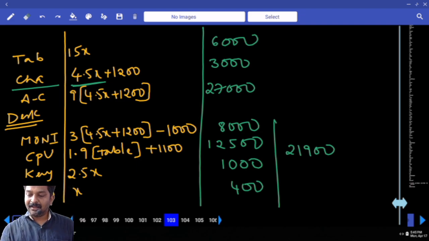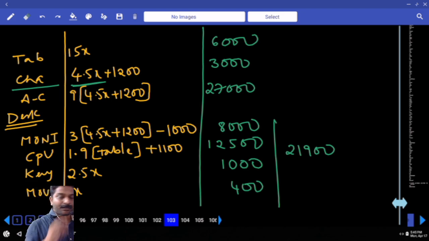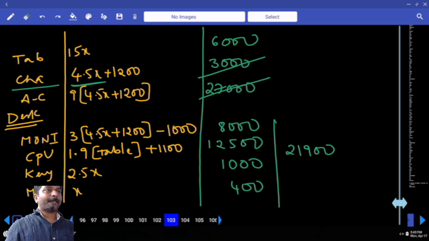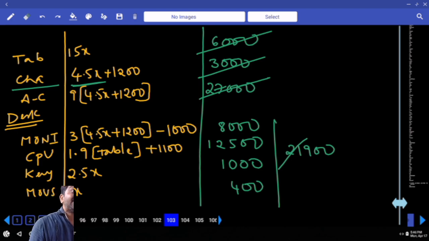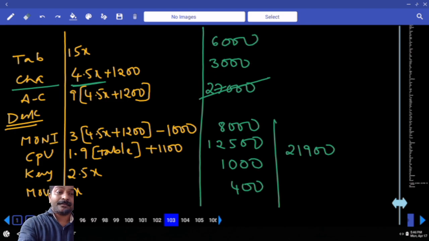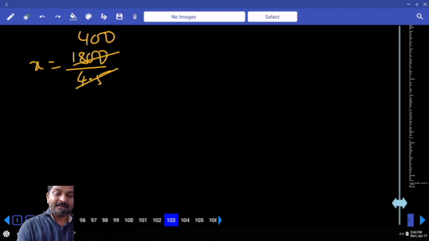Already desktop cost 21,900. AC and chair 30 plus 6, 36 plus 21, 57,000 and hundreds, 900. 57,900.